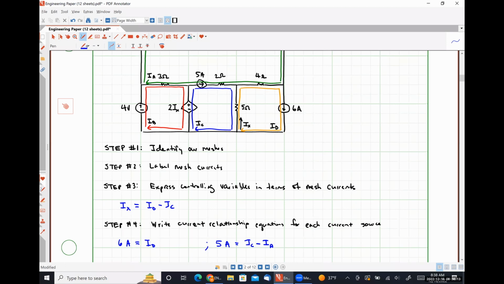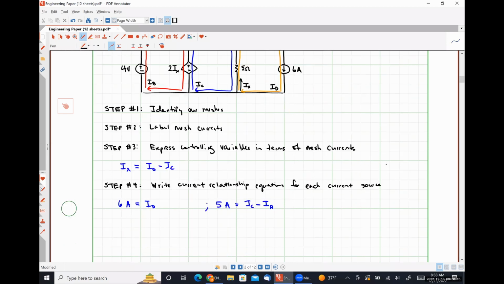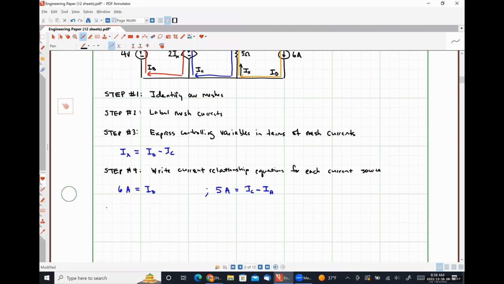So now we move along to step number 5. We're going to write a KVL equation for all super meshes.